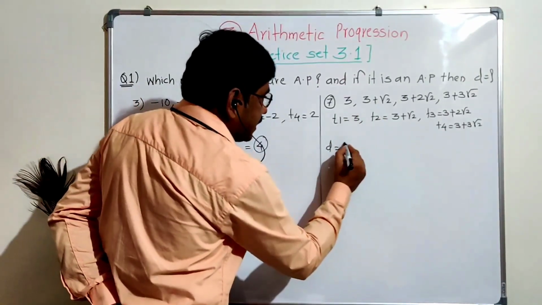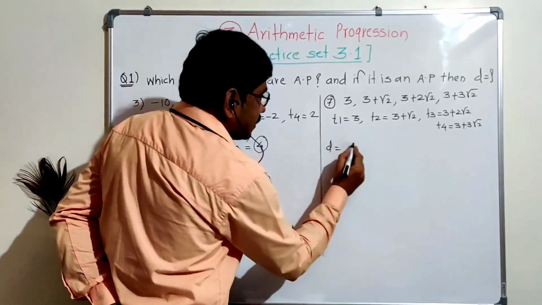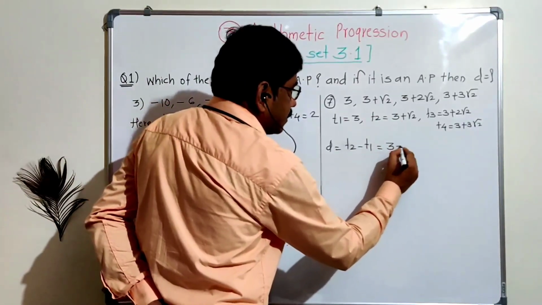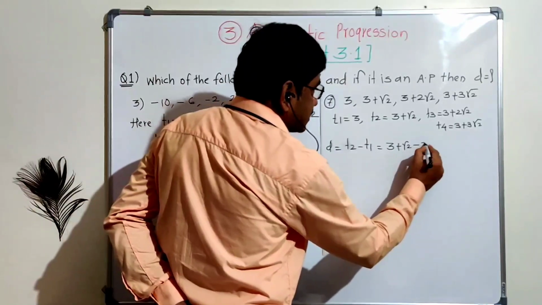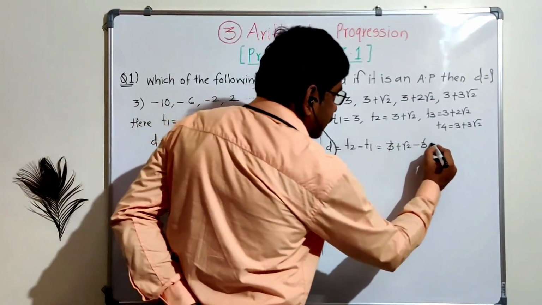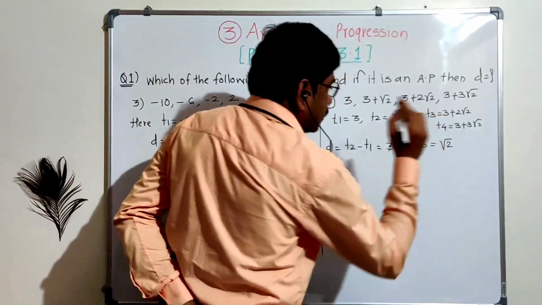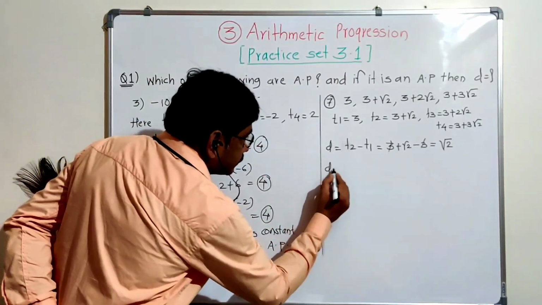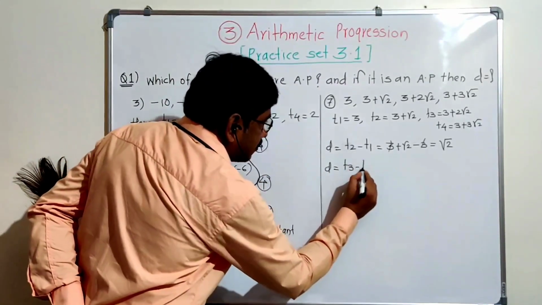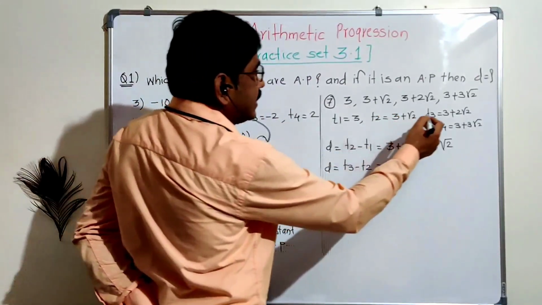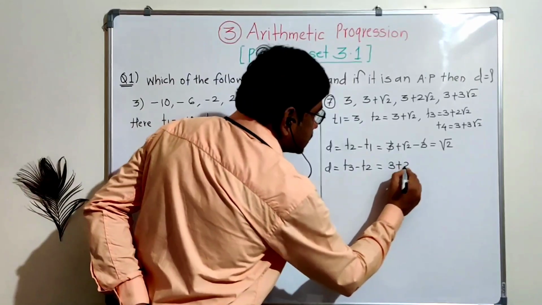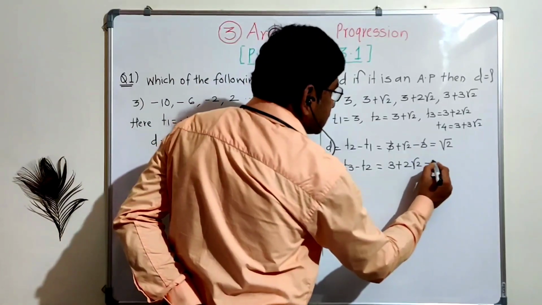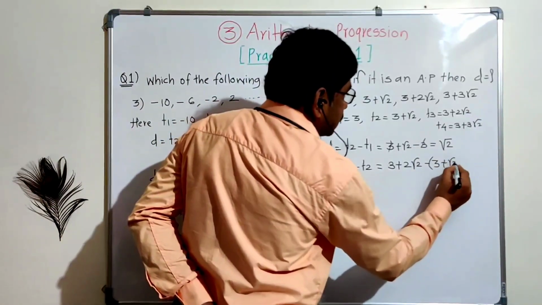So T2 is 3 plus root 2. So first difference is T2 minus T1. Write the value of T2, 3 plus root 2 and minus 3. This 3 gets cancelled. We get the value is root 2. Is it clear? That is the first difference. Second difference, T3 minus T2. So write T3 is 3 plus 2 root 2 and T2 means minus 3 plus root 2.